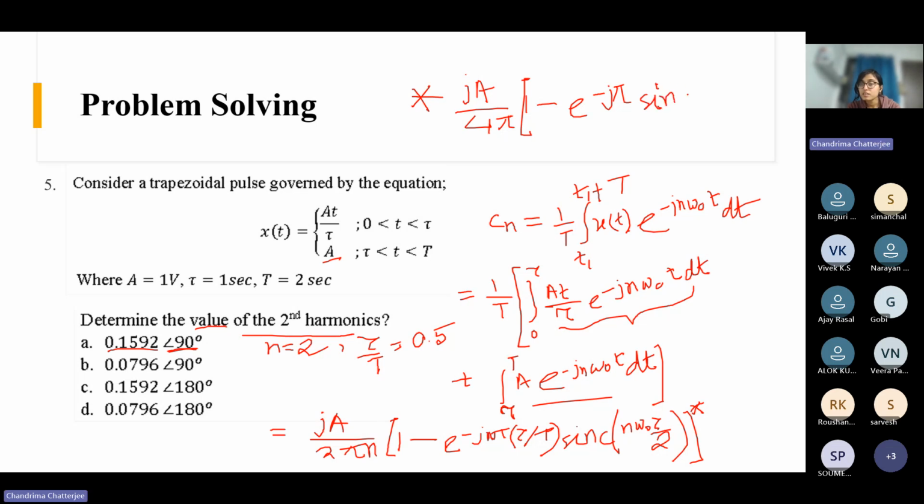Nothing but sin(n omega naught tau by 2) by (n omega naught tau by 2), right?